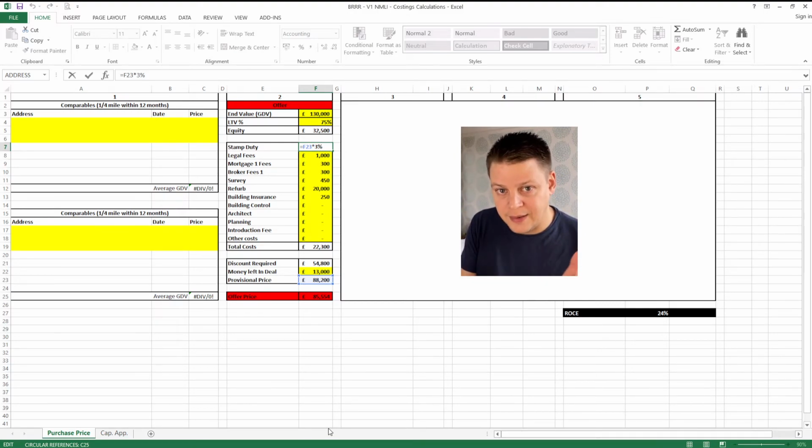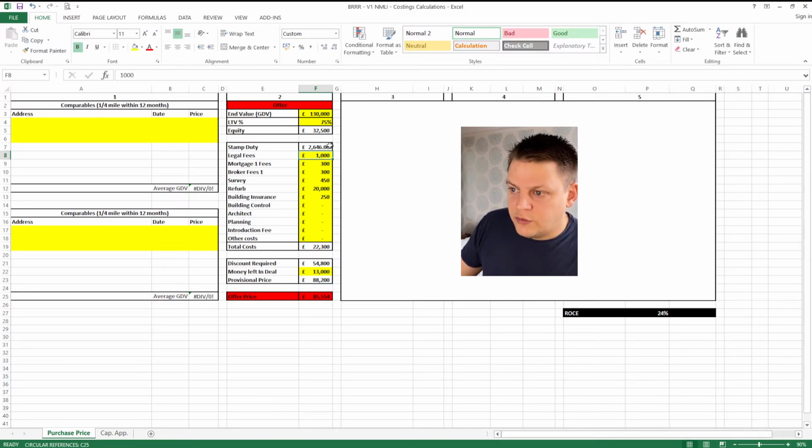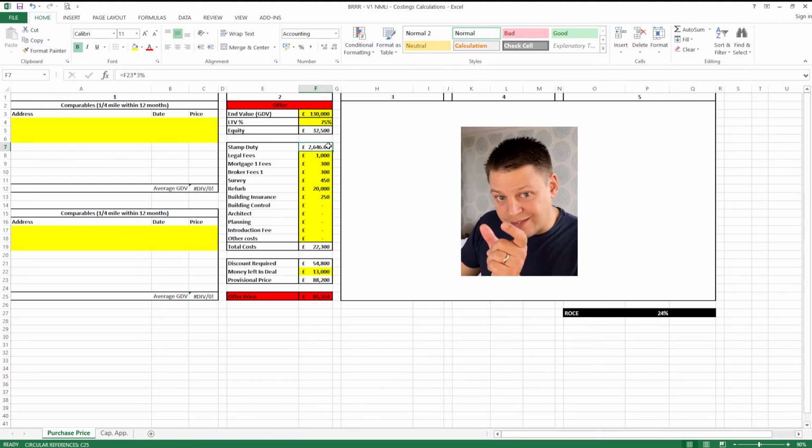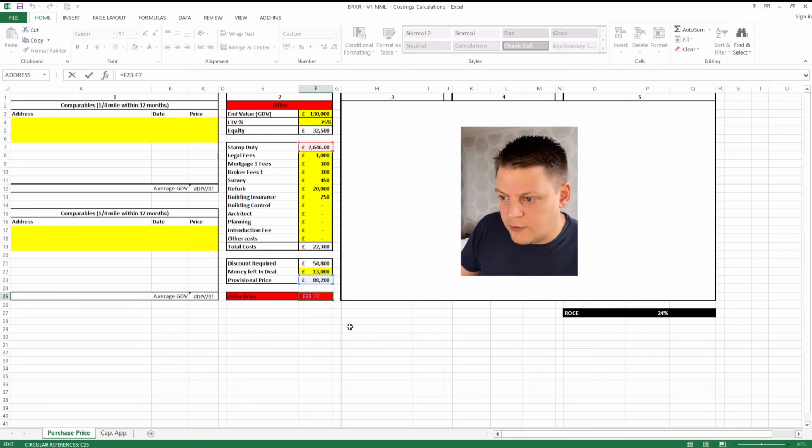There are stamp duty bandings, and you'll be able to see on the website and included in the description. But for us, it's 3% of this provisional price point. So 3% of £88,200 is £2,646. And now we deduct that stamp duty from the provisional price, and we are left with an offer price.